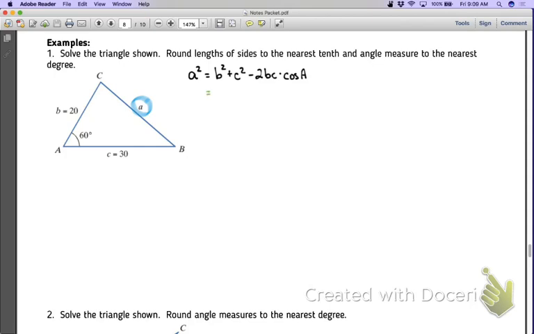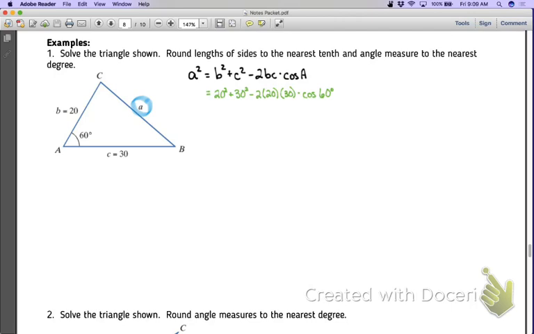So then if I have B squared, so I'm going to have 20 squared plus 30 squared minus 2 times 20 times 30 times cosine of 60 degrees.